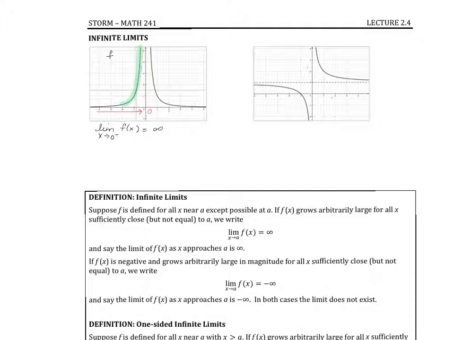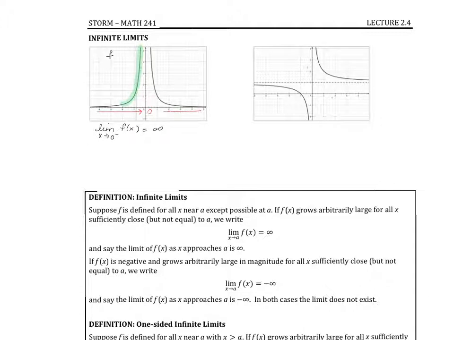Notice that if your graph goes up, what you end up with is a vertical asymptote. Okay? So that's from algebra. So at 0, what we have is a vertical asymptote. What happens as we come in from the right?